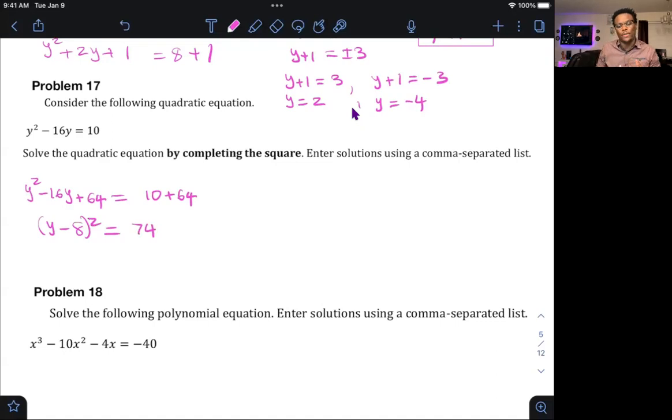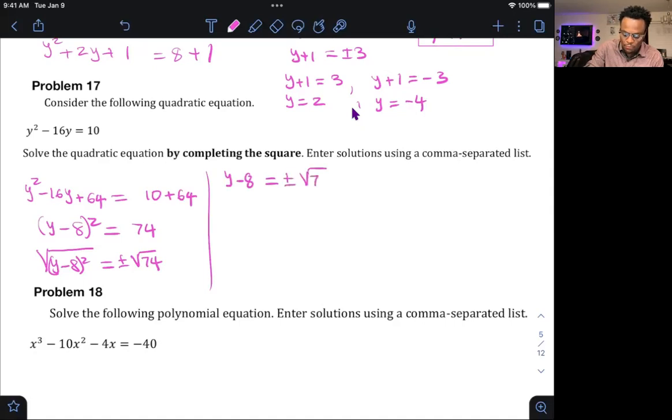74 is not a perfect square, and it doesn't have a factor that is a perfect square. So we would take the square root of both sides. No need to think about simplifying the 74 because it's not a perfect square and it has no factor that is a perfect square. So that is plus or minus square root of 74. So that's y minus 8 equals plus or minus square root of 74.